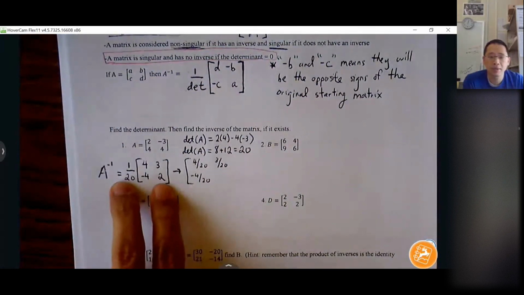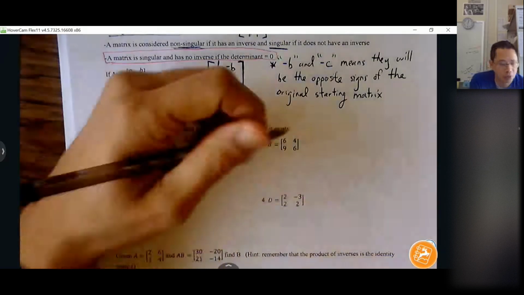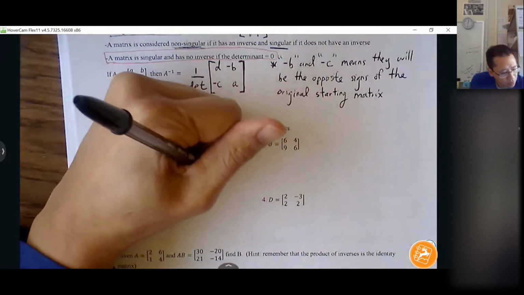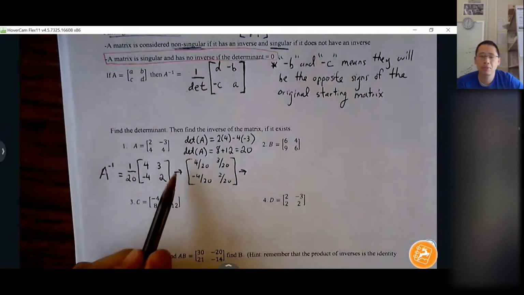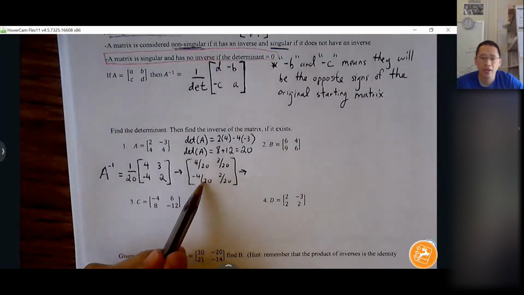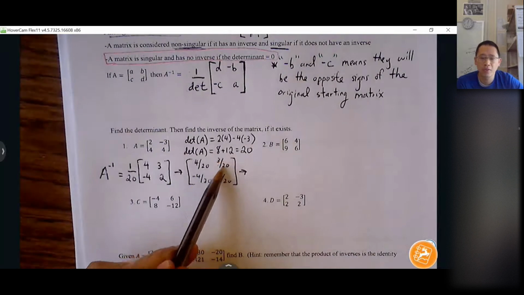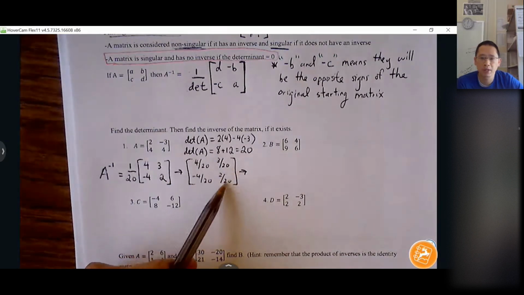And then 2 times 1 over 20 becomes 2 over 20. Continue reducing. This becomes 1/5, -1/5. 3 over 20 doesn't reduce, so it stays. And 2 over 20 becomes 1/10.